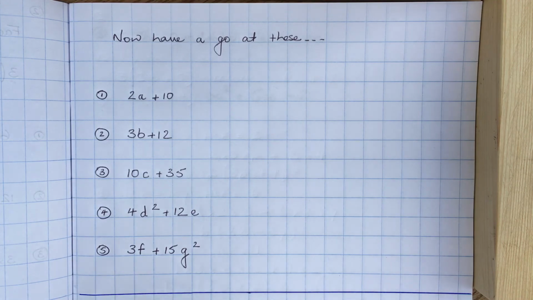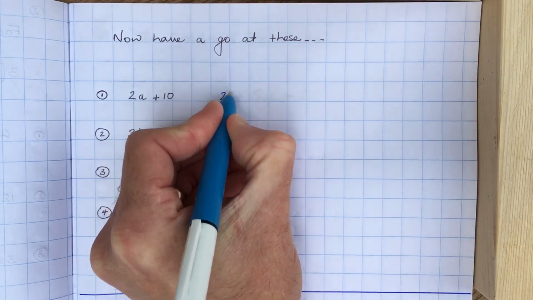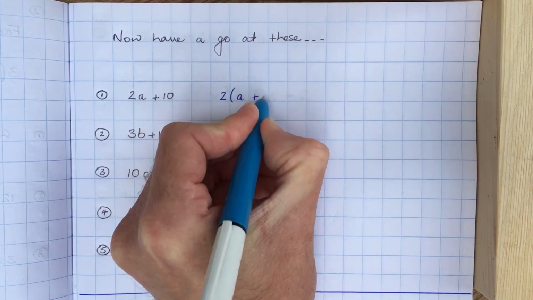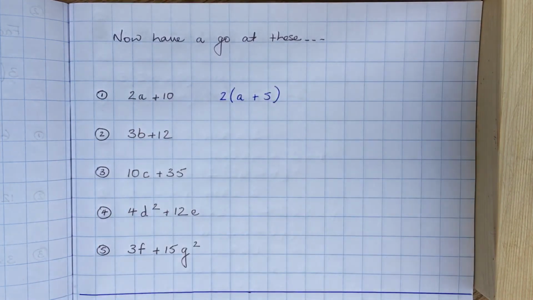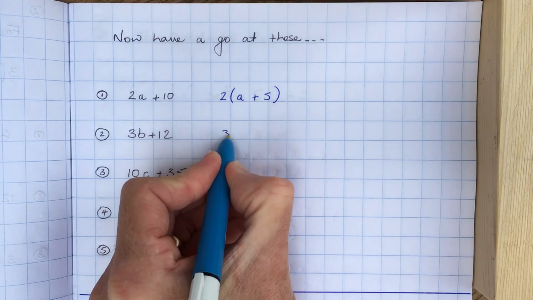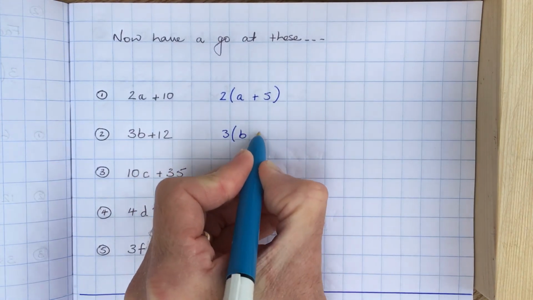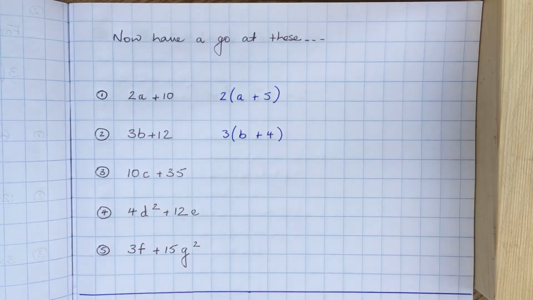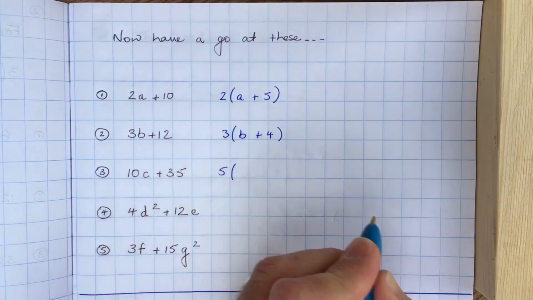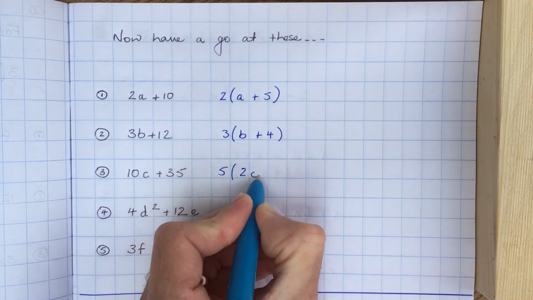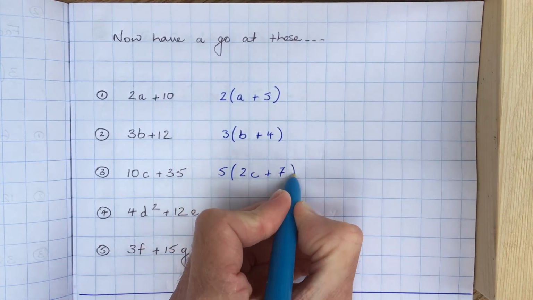Okay, here we go. So the answers to the first one. Well, the first one becomes 2a plus 5. The next one, 3b plus 4. The next one, 5 lots of 2c plus 7.